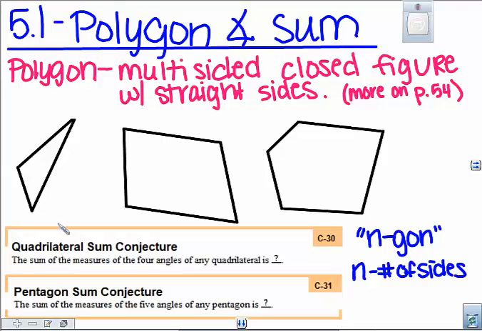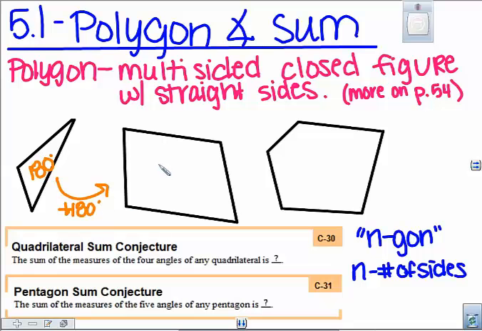When we talk about angles on the inside of a polygon, we've worked a lot with triangles, and we know that the 3 angles of a triangle should add to 180 degrees. What's going to happen as your polygon increases in number of sides? Each time you're going to add 180 degrees for each side.